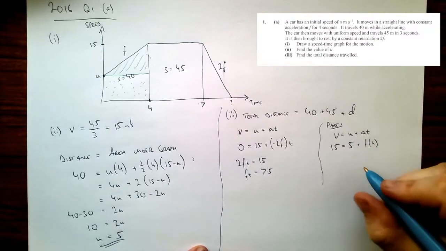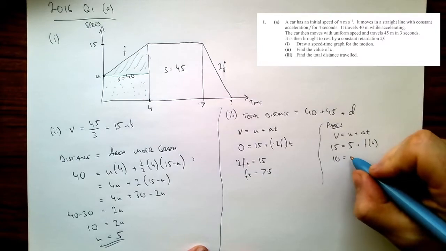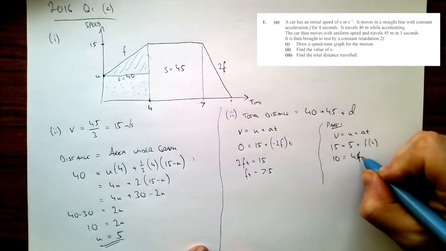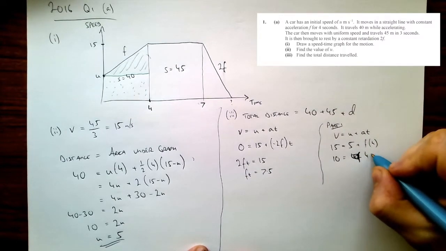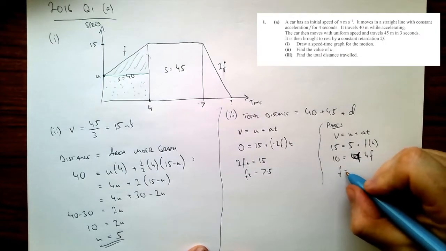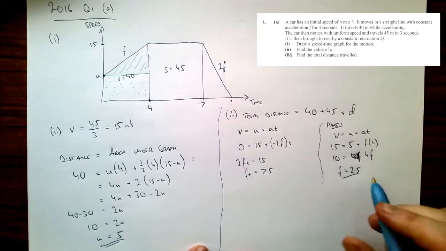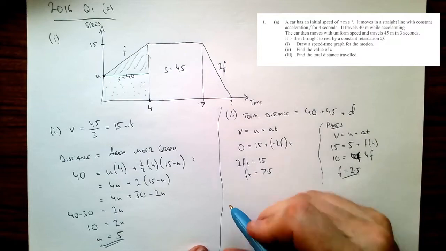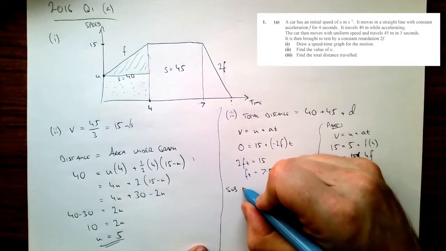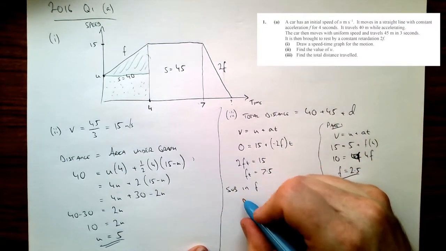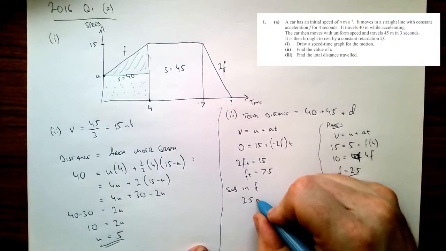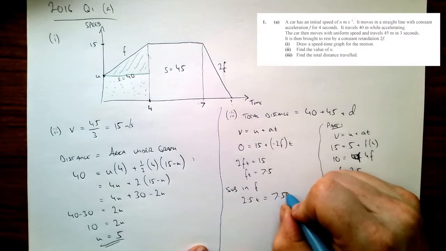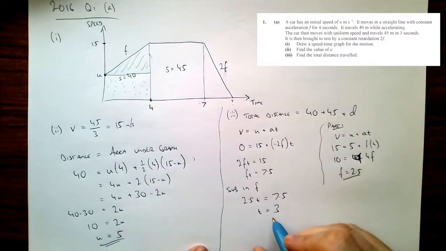This is going to solve. 10 equals 4f. So f equals 2.5. Now ft, so we'll sub back in f. 2.5t equals 7.5. So t equals 3.